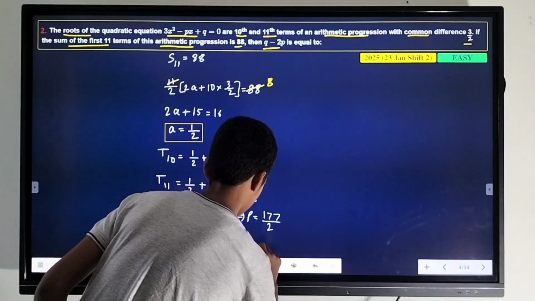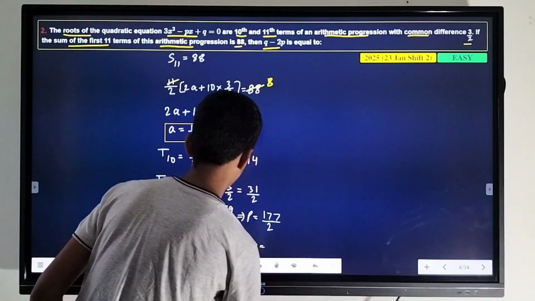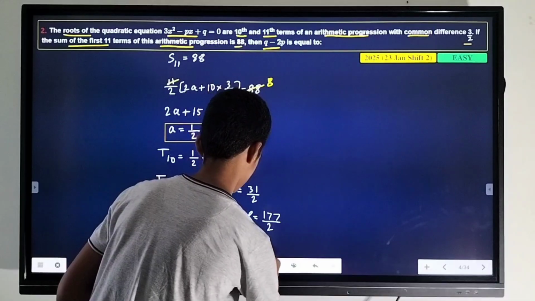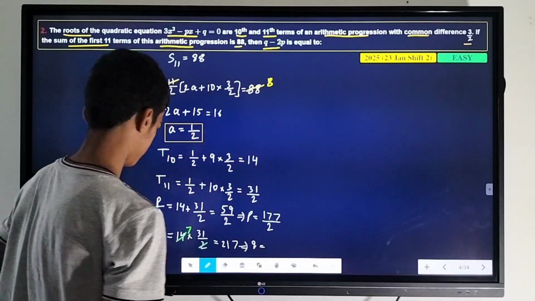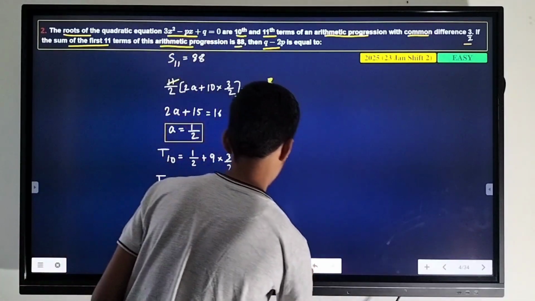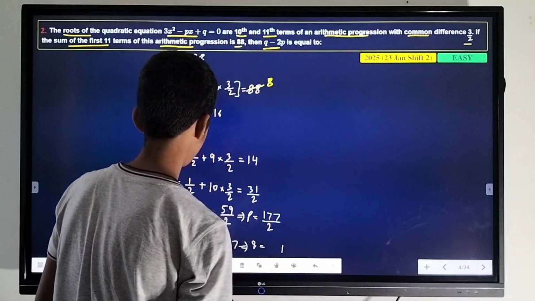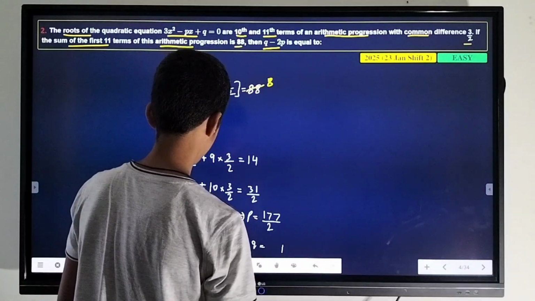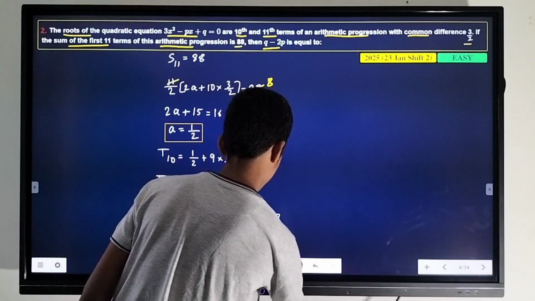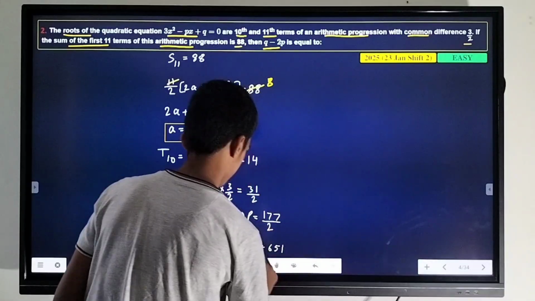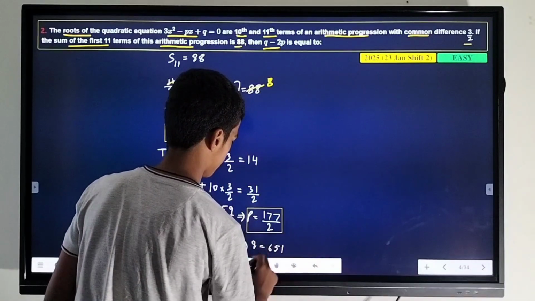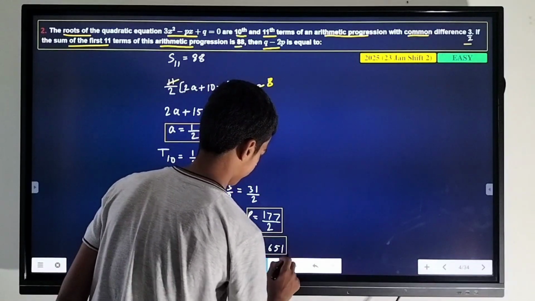So our Q is equal to 651. Our P is 177 upon 2 and Q is 651.